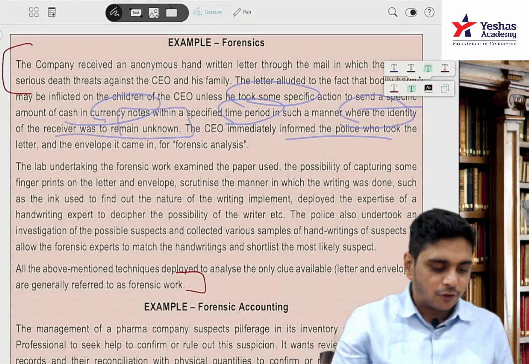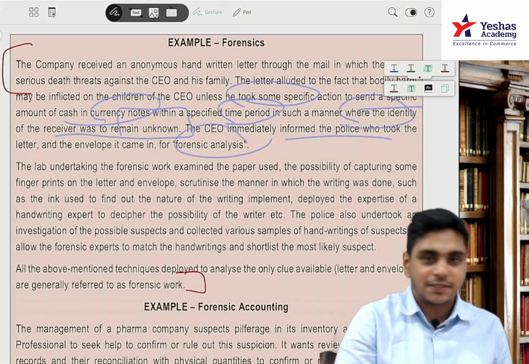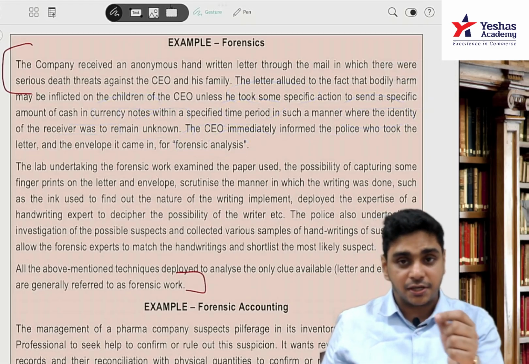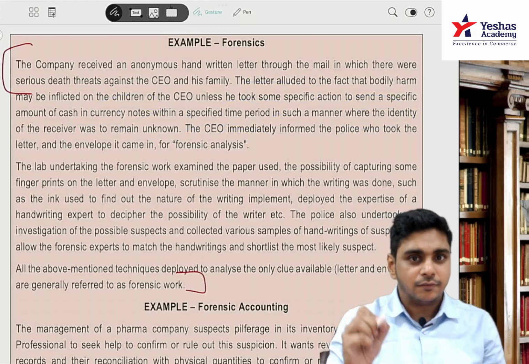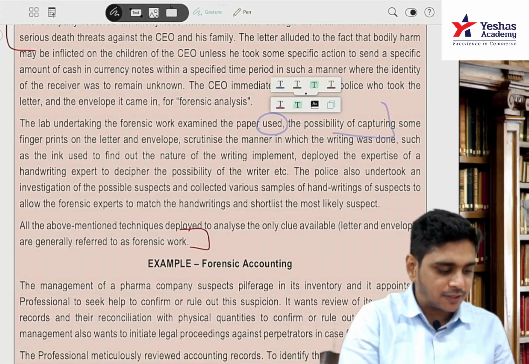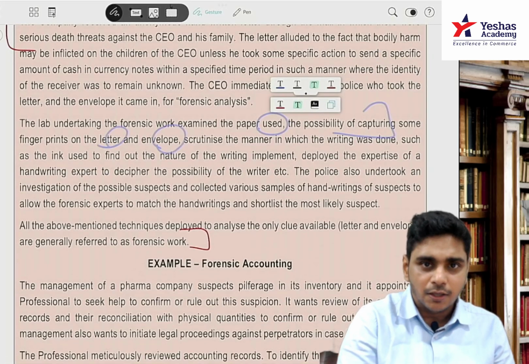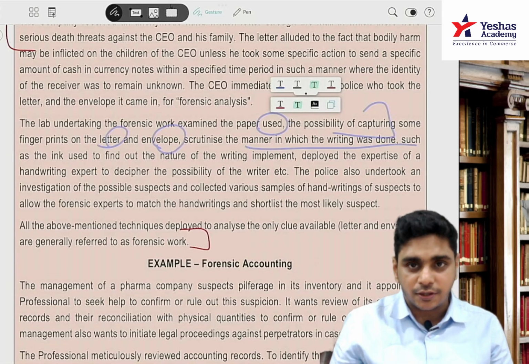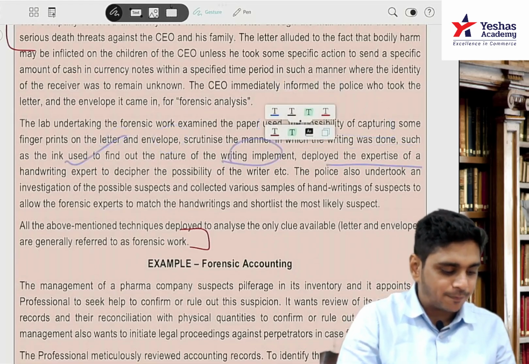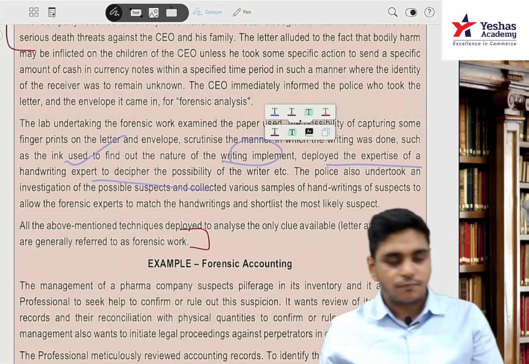The CEO informed the police, who took the envelope for forensic analysis. So they will check the handwriting, where it was written, how it was written. The lab undertook the forensic activity: the paper used, the possibility of capturing fingerprints on the letter and envelope, and scrutinizing the manner in which the writing was done, such as which ink was used and the nature of the writing, and deployed the expertise of a handwriting expert to decipher the possibility of the writer.